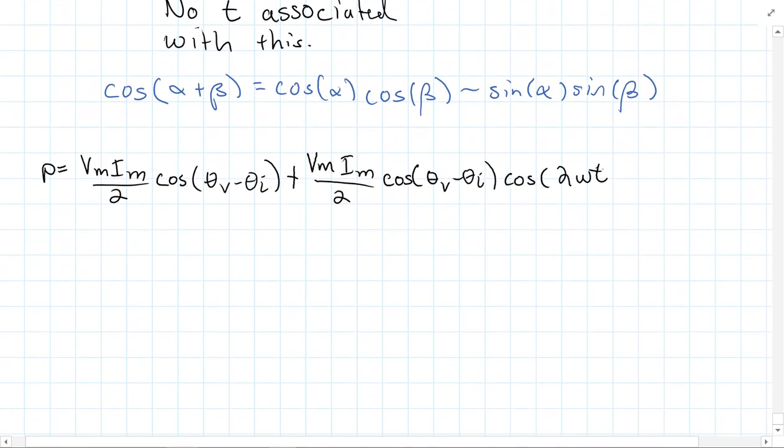And I still am running out of room because I started writing too big again. So I'll move it down here. Minus Vm Im over 2 sine of theta v minus theta I times the sine of 2 omega t.